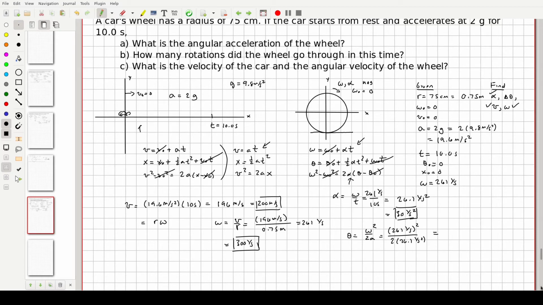So let's see. Square that, and then divide by 2 times 26.1. So I get 1,307 radians.